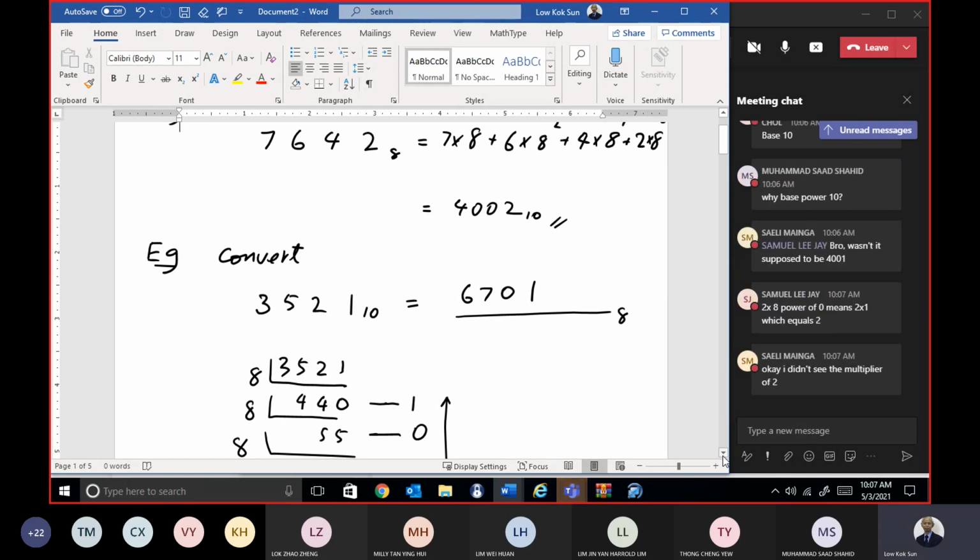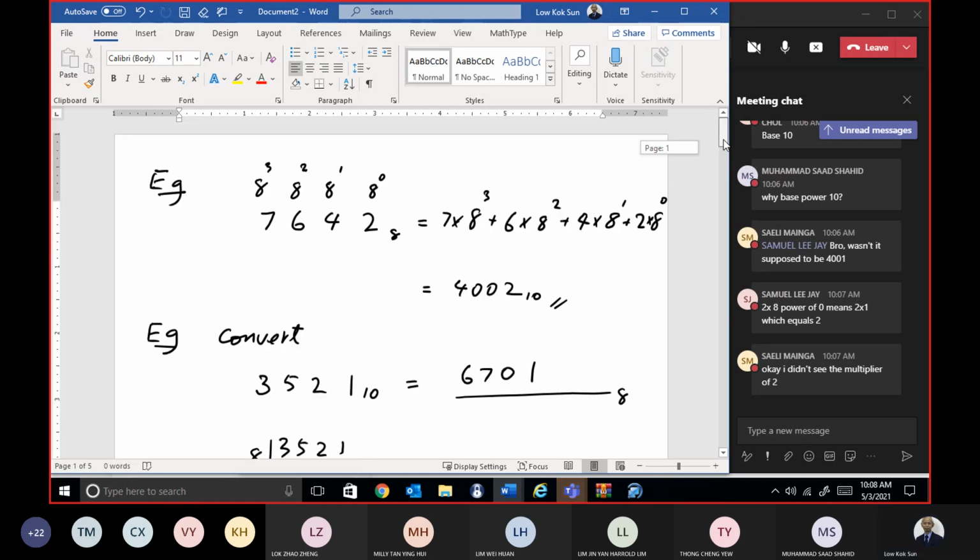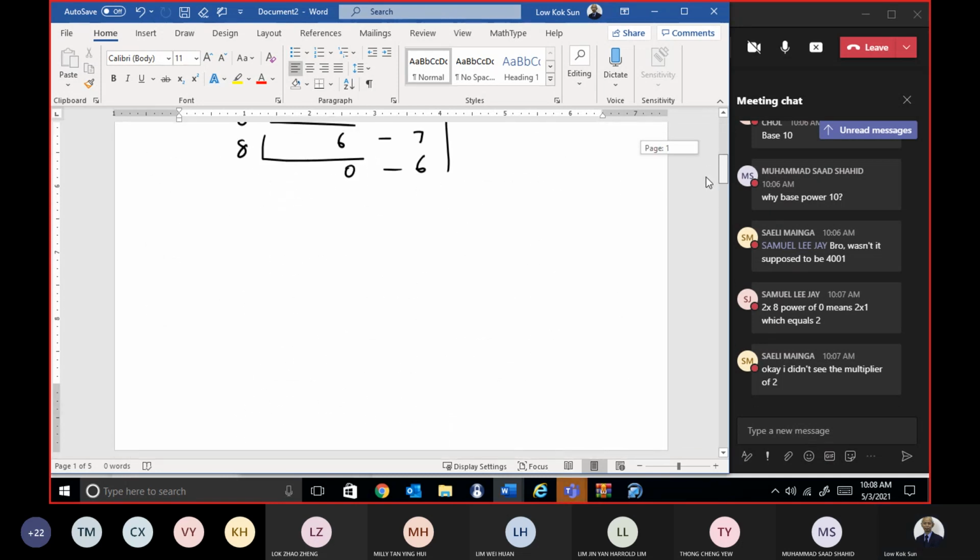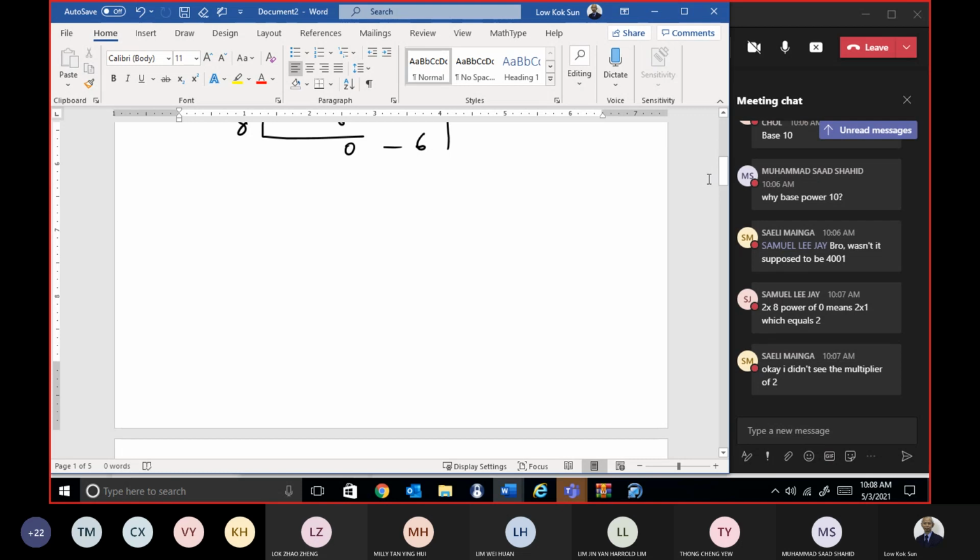It is a little bit different from the others, just very little different. We call it hexa. Hexa means 6.